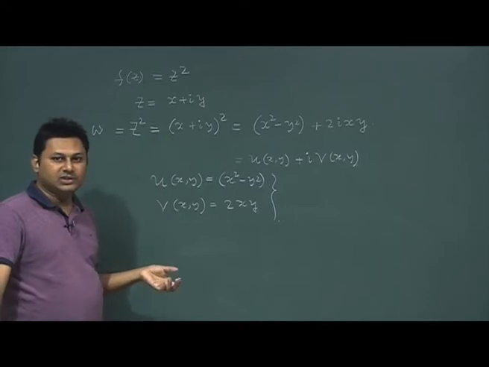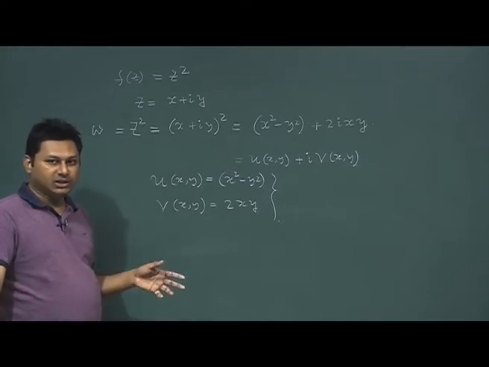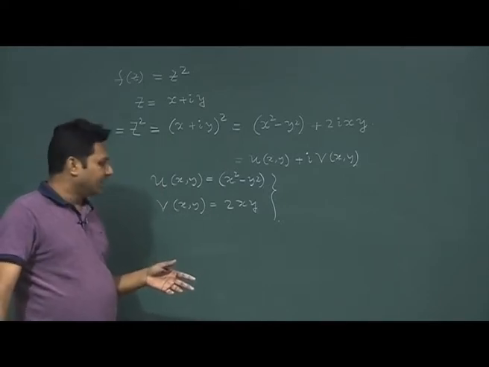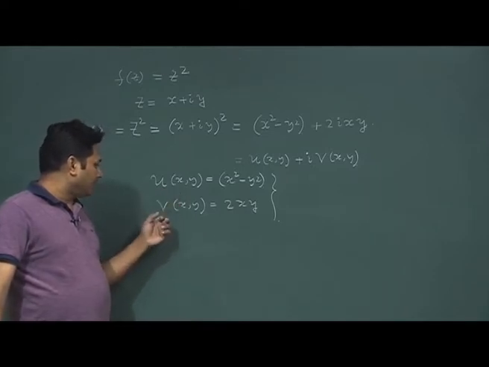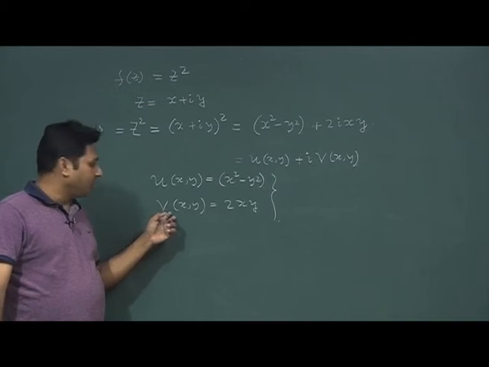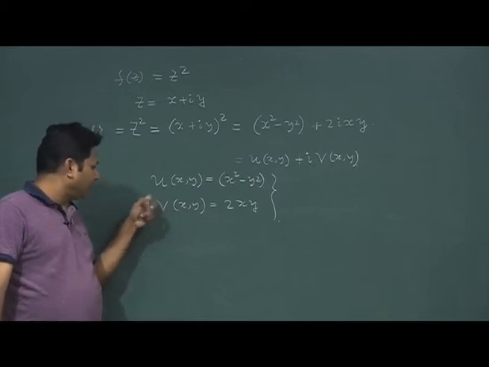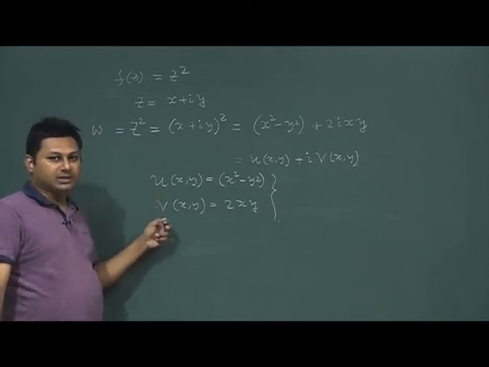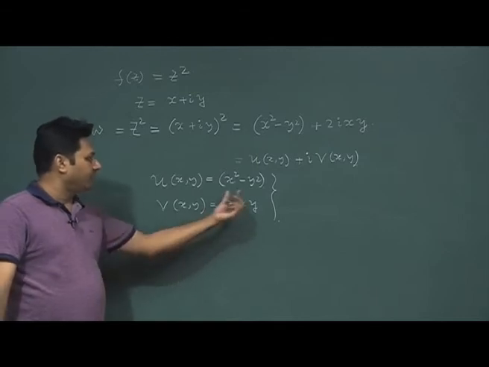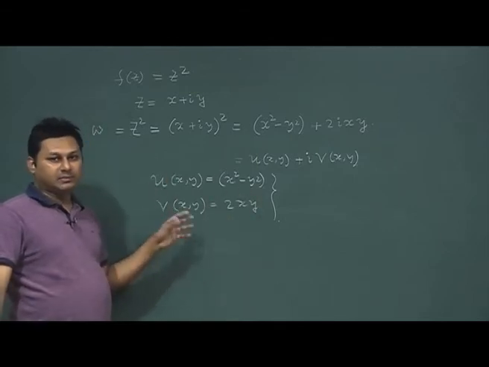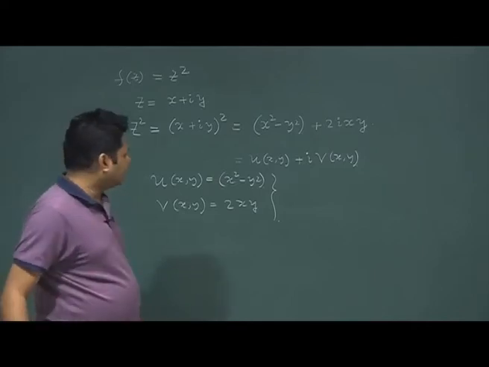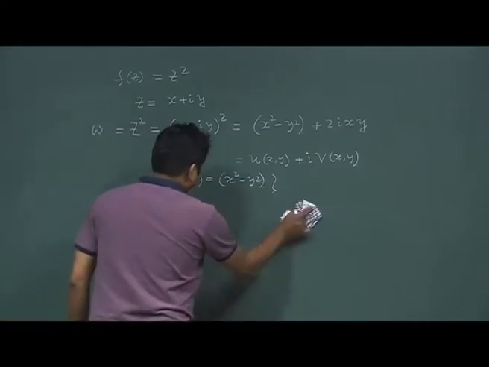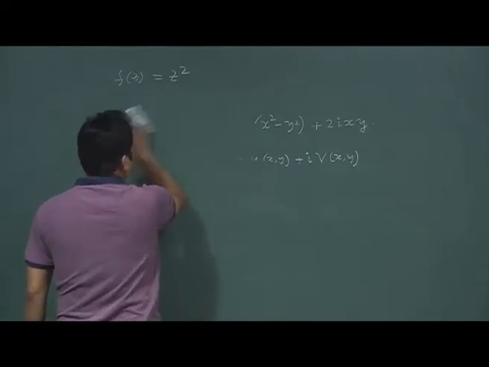So when z is changing, essentially two variables are changing, and in 2D it is not possible to draw v and u simultaneously. What you can do is fix one value, then plot and find out the relation. I will do one simple problem, but before doing that let us try to find a few other functional forms also.